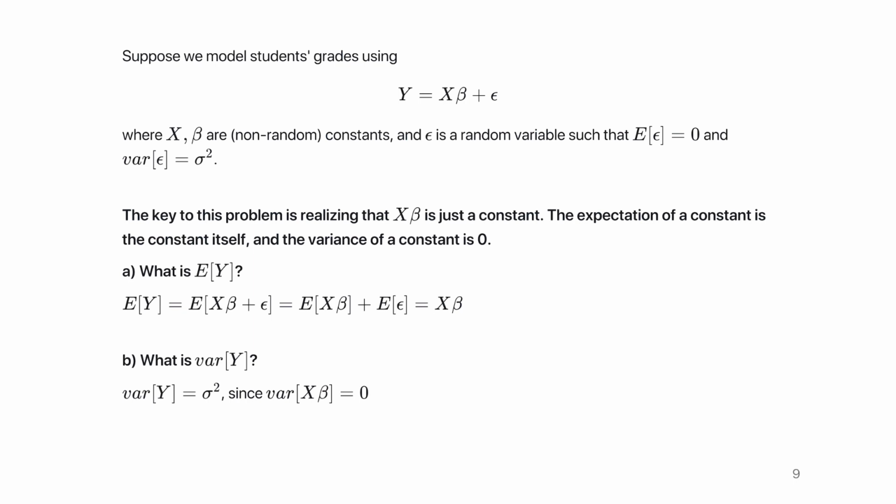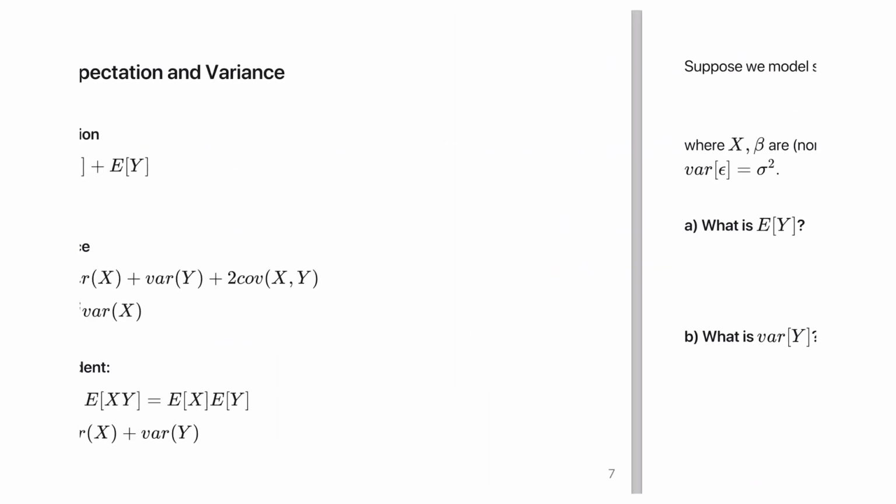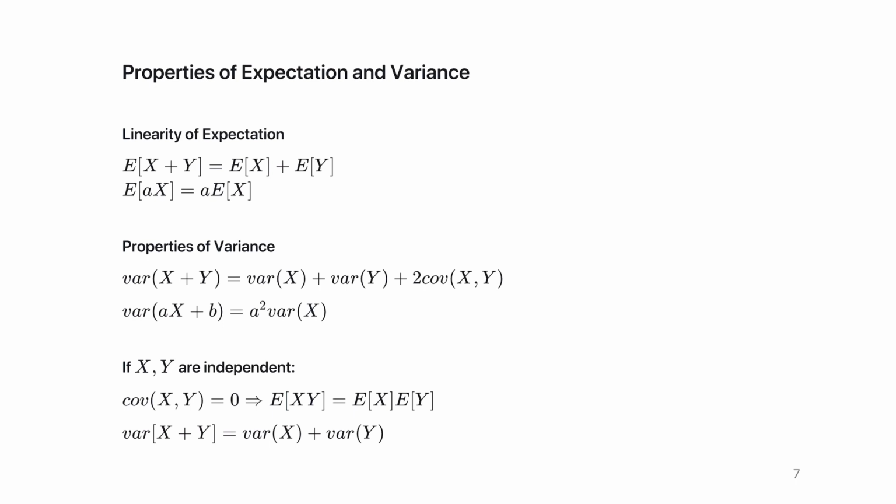Okay. So for variance, again, the key is realizing that x beta is just a constant. So the variance of y is the variance of x beta plus epsilon. If you go back to this property over here, where if we add a constant, it doesn't affect the variance.